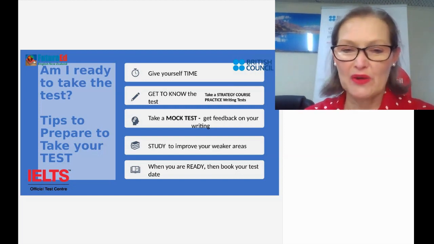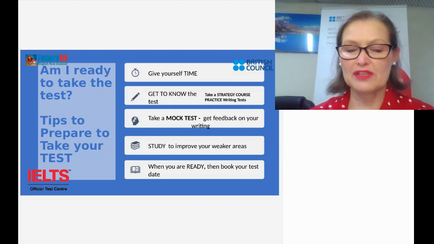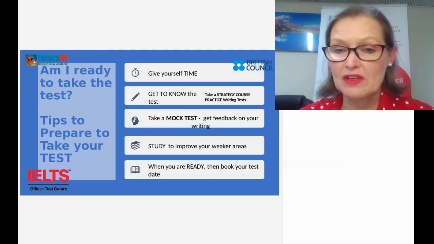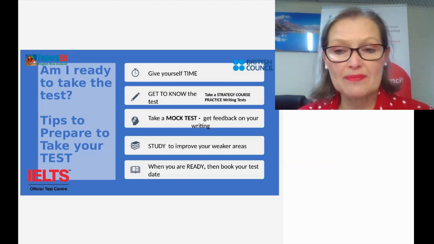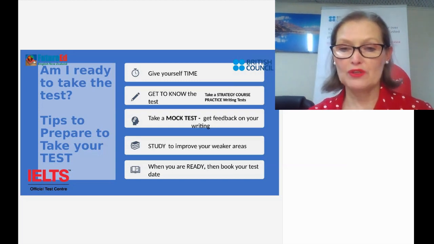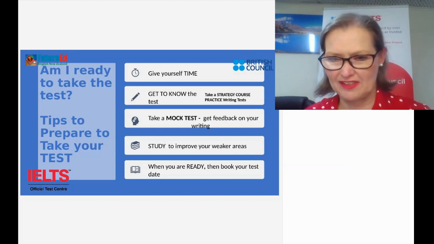So how do you know if you're ready to take the IELTS test? So here I'm just giving you a couple of tips that will help you to prepare for this test. It's a challenge and it does take practice. So give yourself time to practice before you register to do the test. Get to know the test.